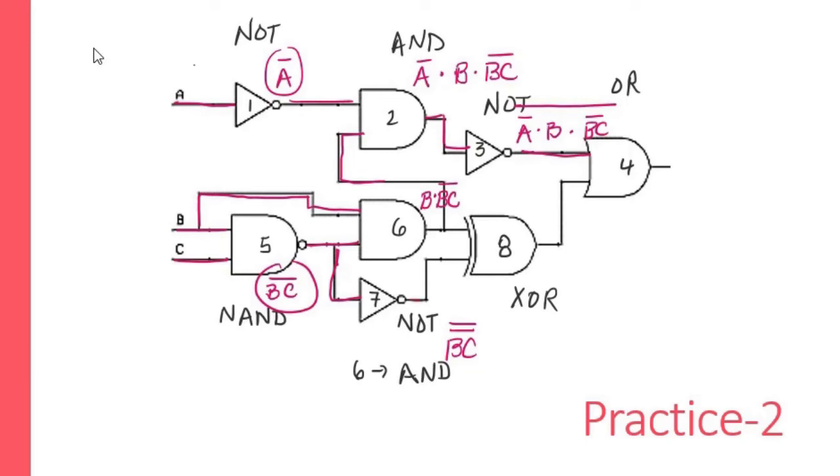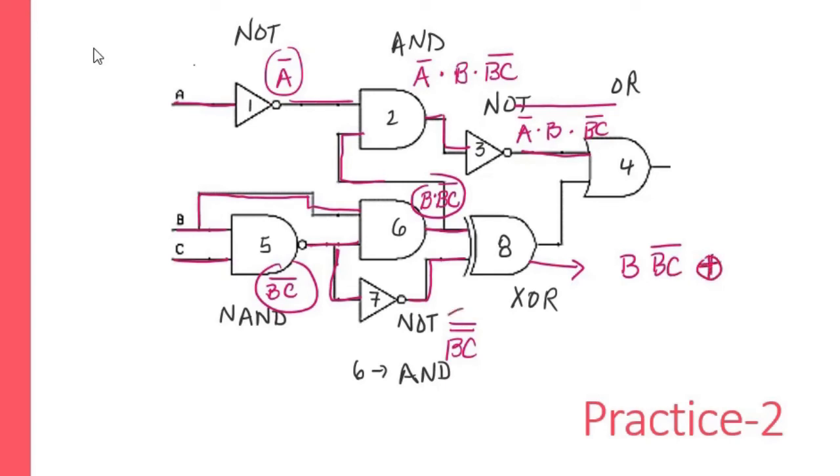All right, coming out of that NOT gate, not not B and C, that's our input for gate number 8, the XOR gate. All right, what's coming into gate number 8? I'll write it over here. So we had the output from gate 6, which was B and not B and C. If I run it through an XOR gate, I use this symbol, the plus with a circle around it.